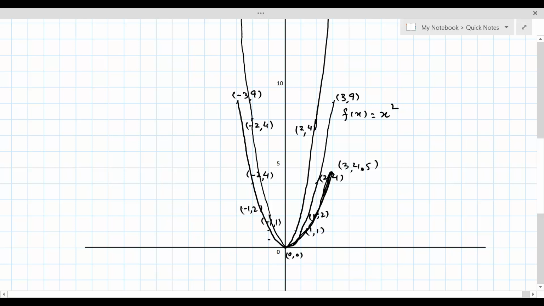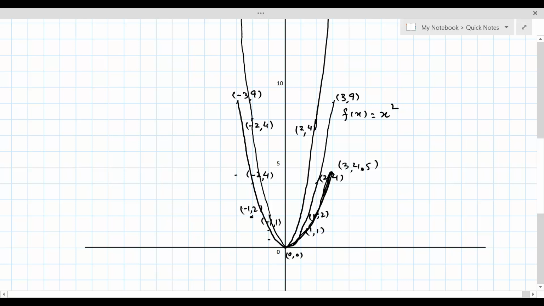And -2, 4 is going to be -2, 2. So -2, 2 is going to be right here. And then -3, 9 is going to be -3, 4.5. So -3 and 4.5 will be 1, 2, 3, 4. 4.5 is right here.